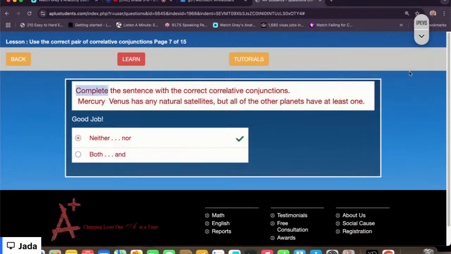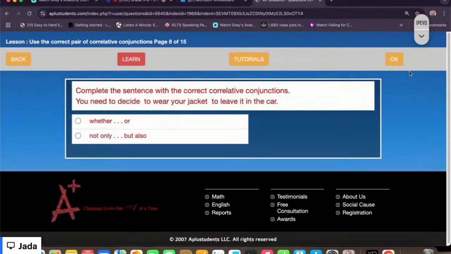Okay. So you need to decide whether to wear your jacket or to leave it in the car.